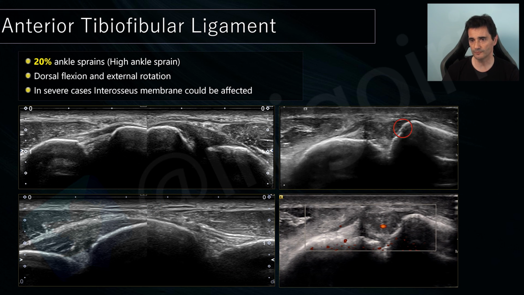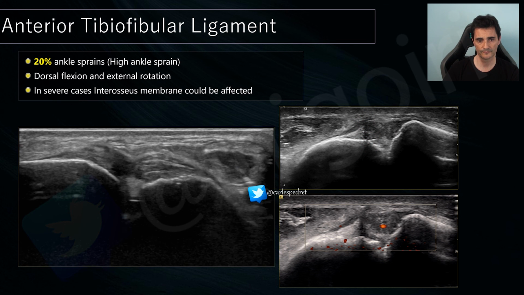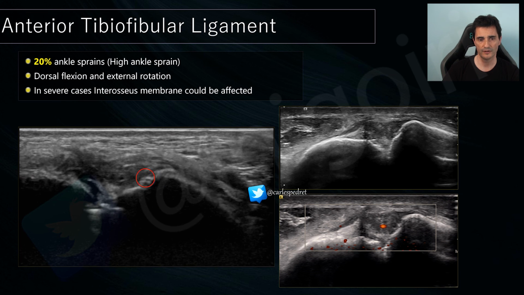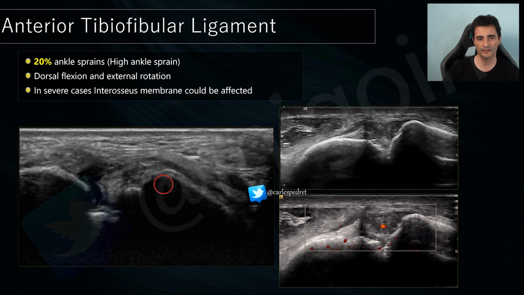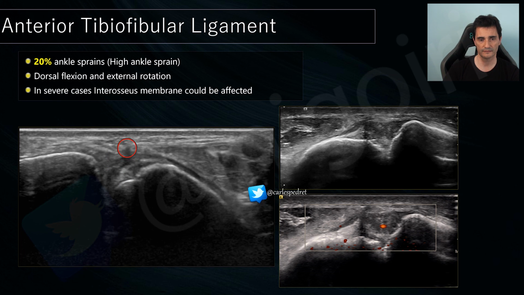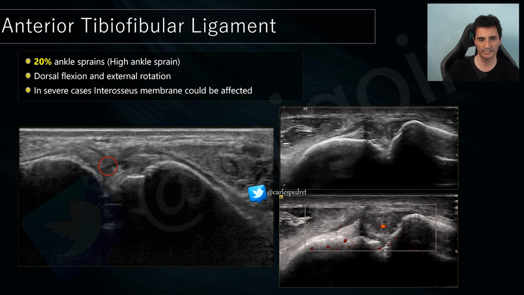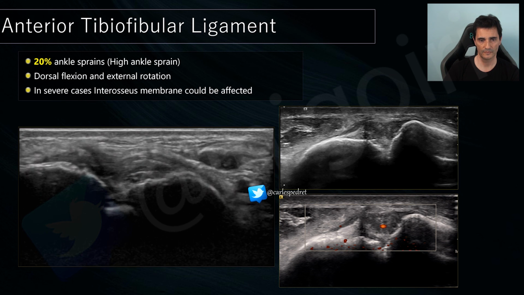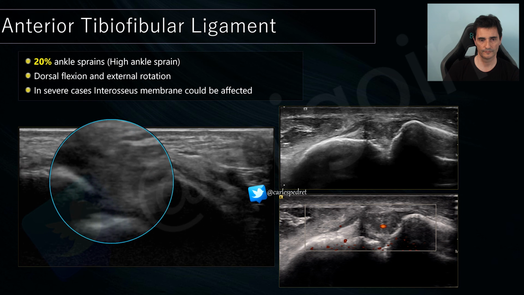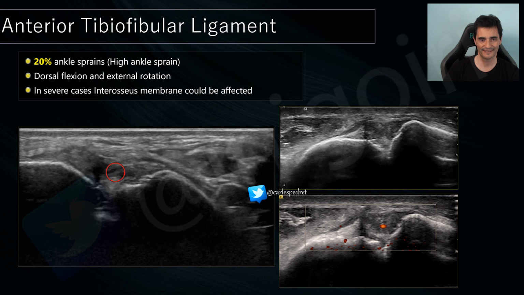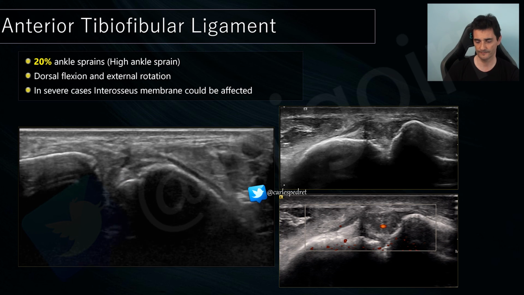You can see a complete tear of this ligament, and this is the video with dynamic maneuvers with external rotation of the ankle with the knee flexed. You can notice here the complete tear of the ligament.